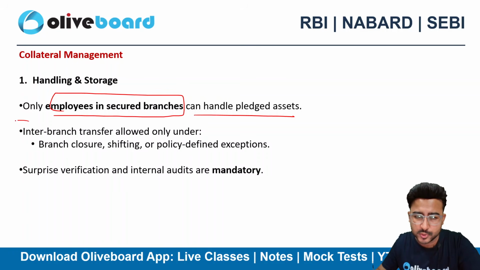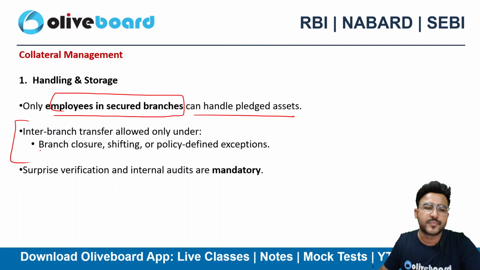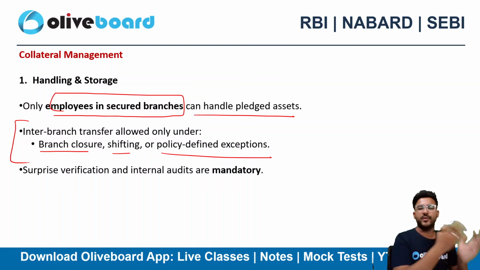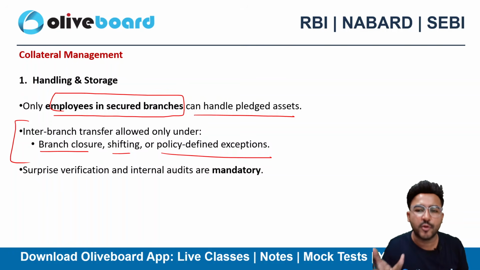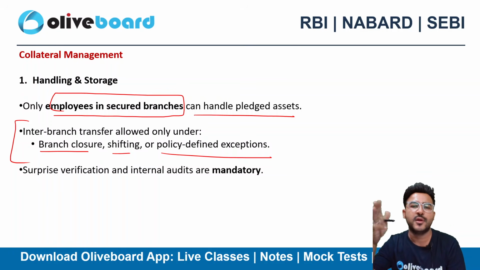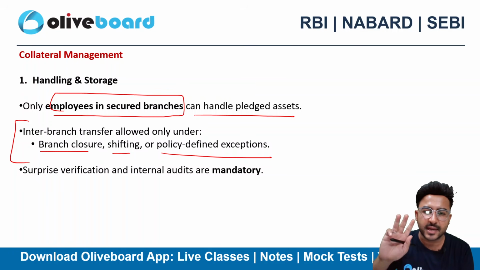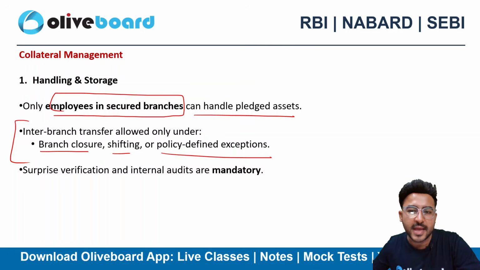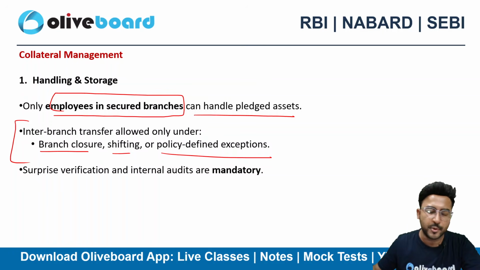Inter-branch transfer is also allowed only under branch closure, shifting or policy-defined exception. Let's suppose if one branch is closing, you obviously need to transfer the gold from that branch to another branch, or in case of shifting, or in case of a policy-defined exception. So these are the only 3 cases where inter-branch transfer of gold and silver, which is being kept as collateral with your bank, is allowed.